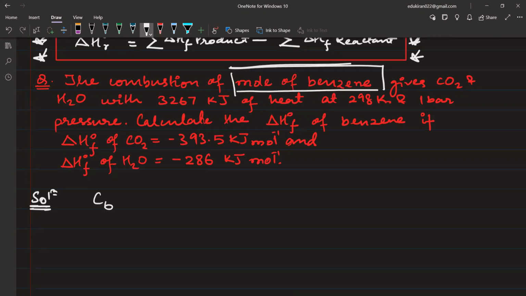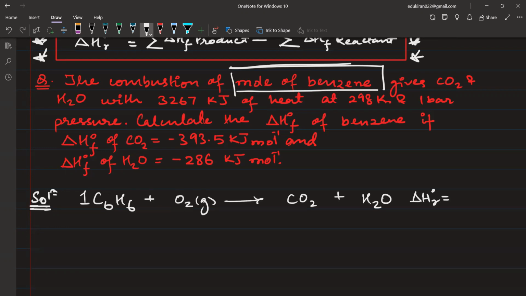C6H6. ये 1 ही रहेगा हमेशा, ये चेंज नहीं होने वाला है. You are going to get oxygen and this is going to give you some moles of carbon dioxide and some moles of water. And what will be the enthalpy of this reaction? Tell me, guys. सवाल भी दिया है. What is the enthalpy of this reaction? Tell me.